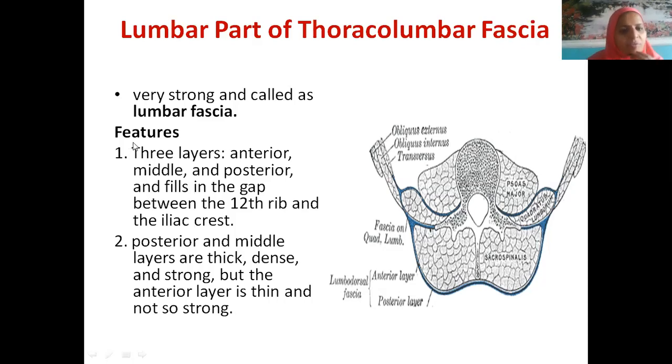If you read here, the lumbar part of the thoracolumbar fascia has 3 layers: the anterior layer, middle layer and the posterior layer, and it fills the gap between the 12th rib and the iliac crest. That is the vertical extent.